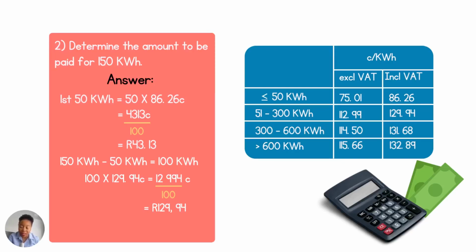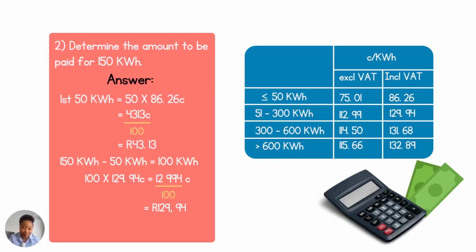The good thing about this is that I do not have up to 3 decimal places or 4 and so on. My answer was already in 2 decimal places. But in a situation where your answer has more than 2 decimal places, always remember when you arrive at the final answer to round off to 2 decimal places, because money is charged up to 2 decimal places.